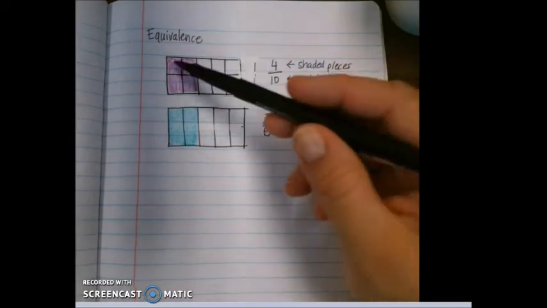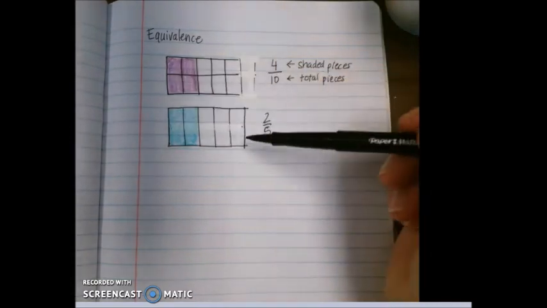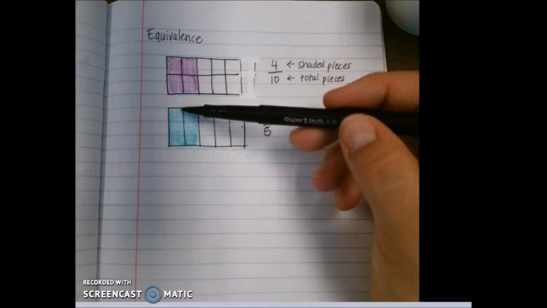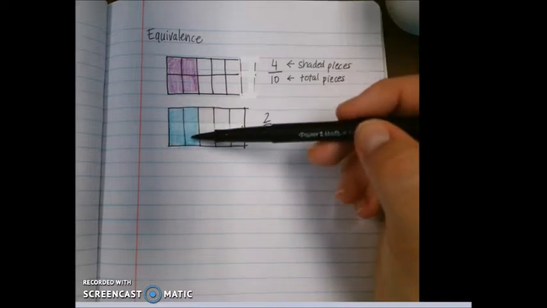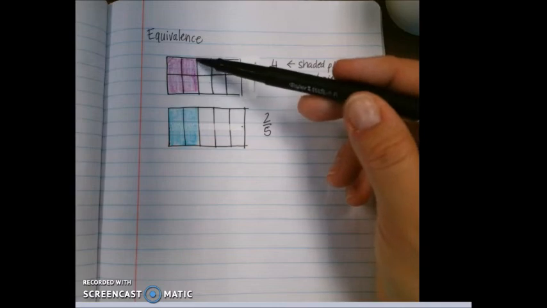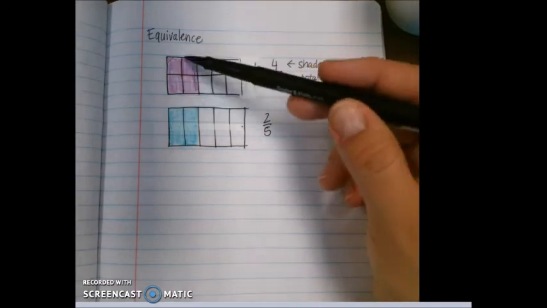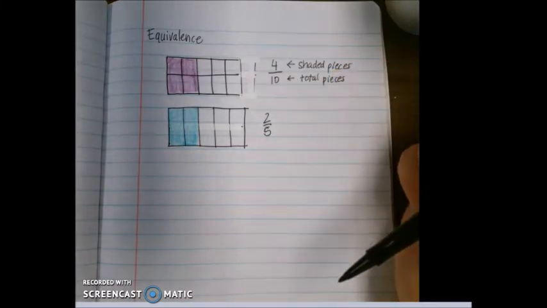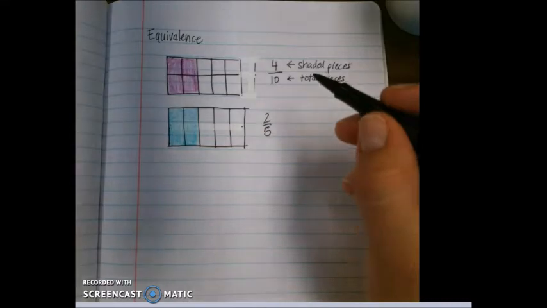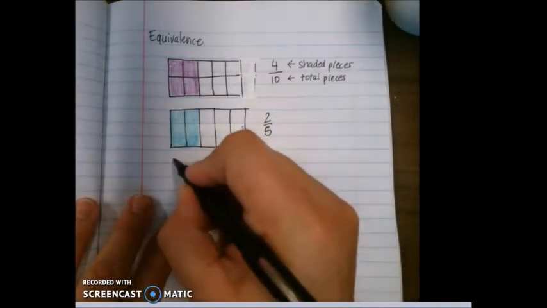So if we pretended that these were cakes, and I took the cake and sliced it like this, and ate all of this, or if I took the cake and sliced it like this, and ate all of this, would I have eaten the same amount of cake? Yes.